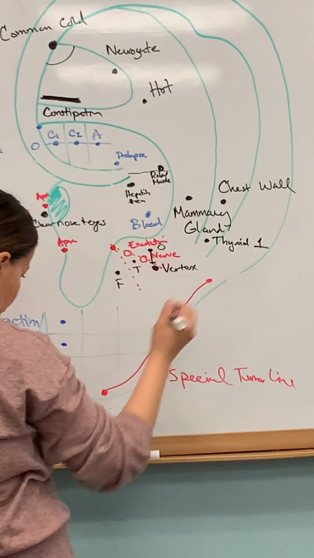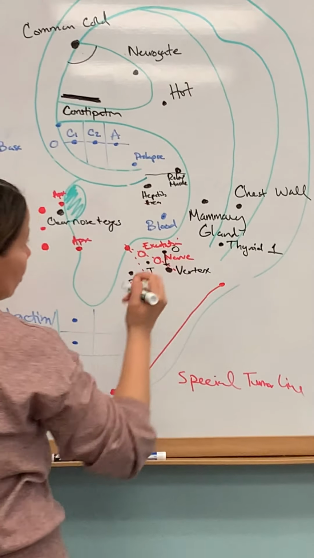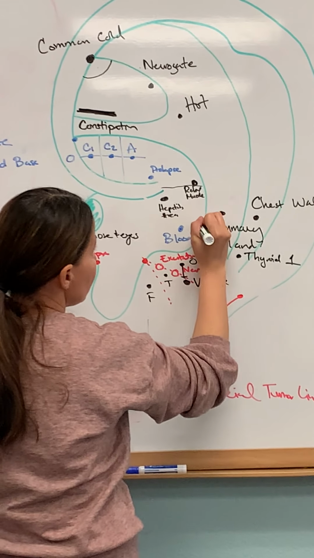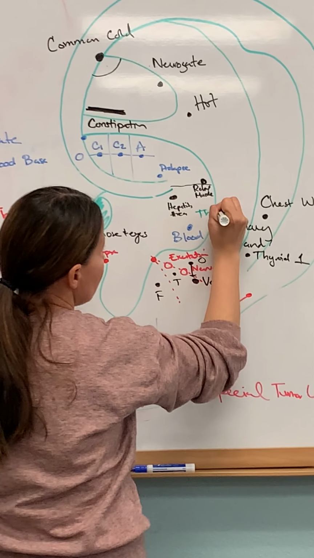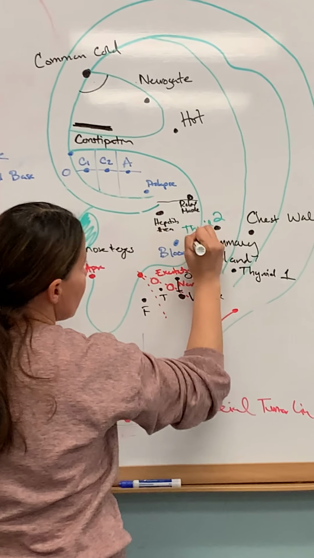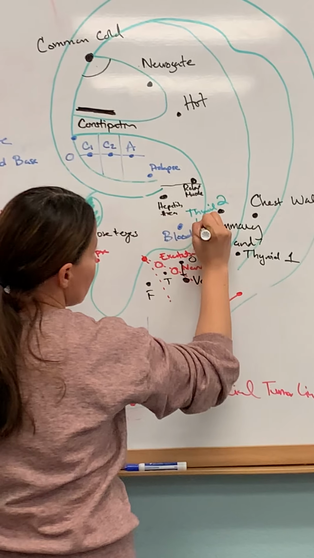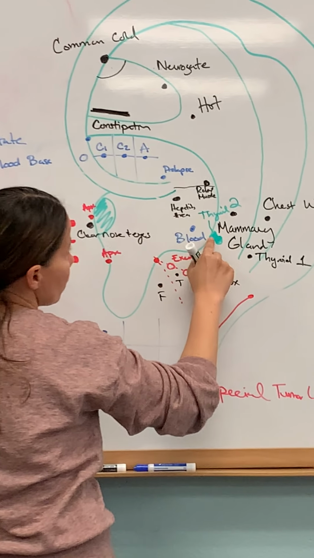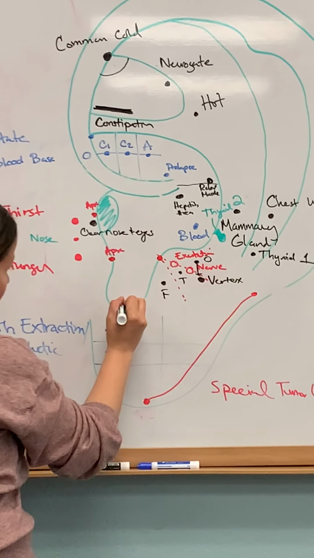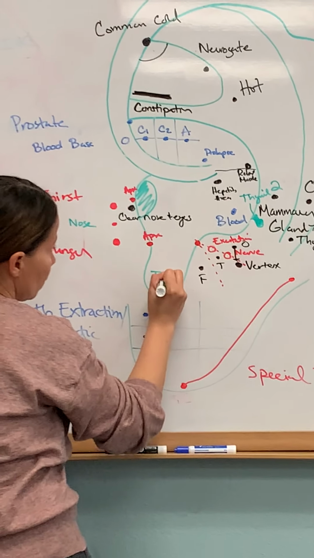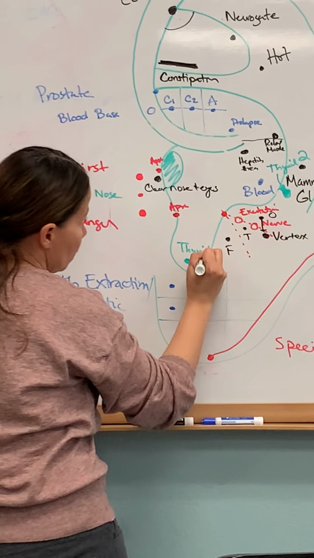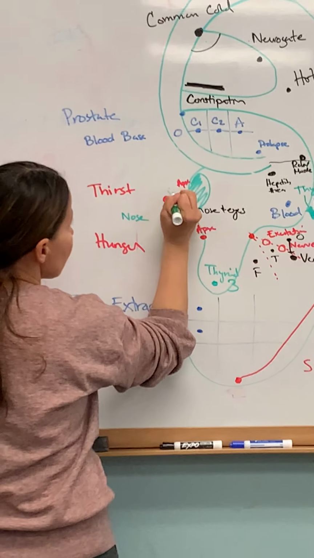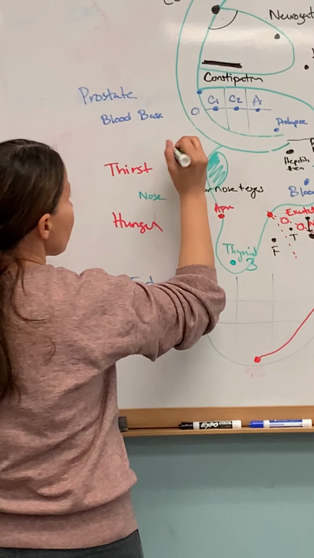So we are going to go ahead, I'm going to use a different color for thyroid 2. Thyroid 3 is endocrine, and thyroid 4 is pharynx, larynx, and throat.